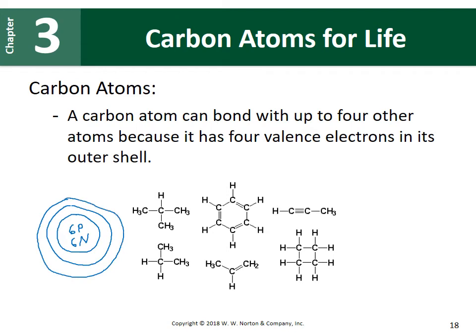So if we look at an atom of carbon, I just put in 6 protons and 6 neutrons. The 6 electrons, the first 2 electrons go in the first shell. It can hold up to 2. The next 4 electrons go into the second shell.